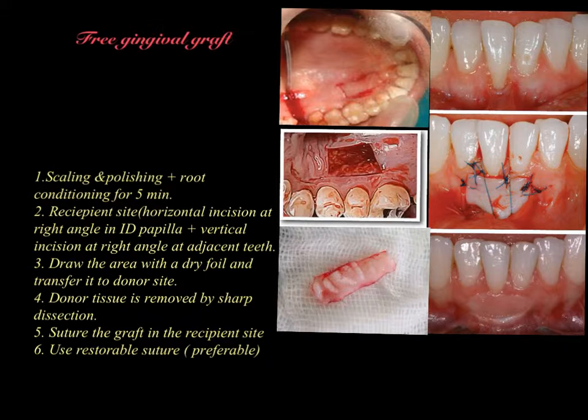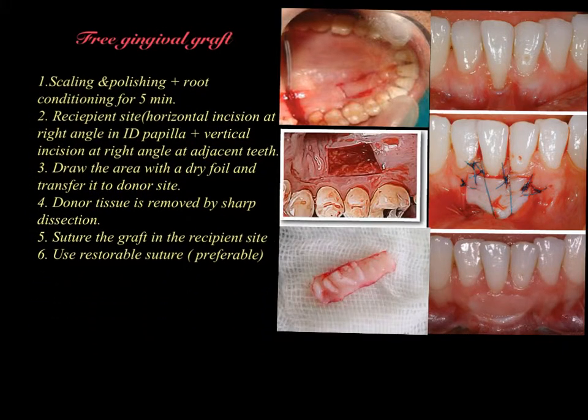Then we do root conditioning with EDTA or citric acid as prescribed by Miller, to get rid of any contaminated cementum and get a smooth root surface, to end up with new attachment of the graft with the adjacent recipient tissues. So first of all, scaling and polishing plus root conditioning for 5 minutes.